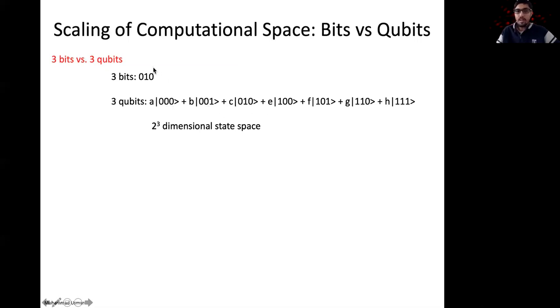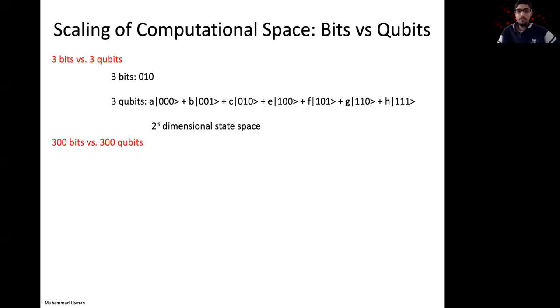You can already see that a 3-bit number is just one number. 3 qubits can have a combination of all the possible 3-bit configurations, and that means you now have access to a 2 power 3 dimensional Hilbert space. So you can prepare a state which can cover any point inside that 2 power 3 dimensional Hilbert space.